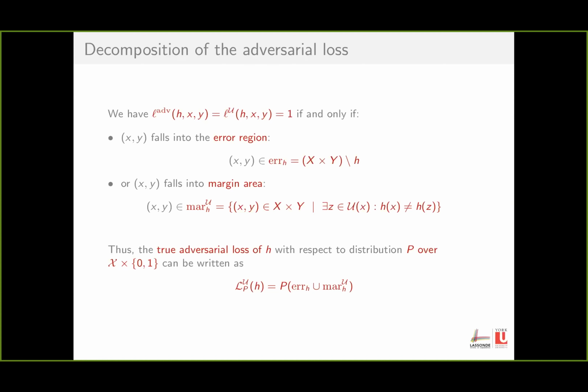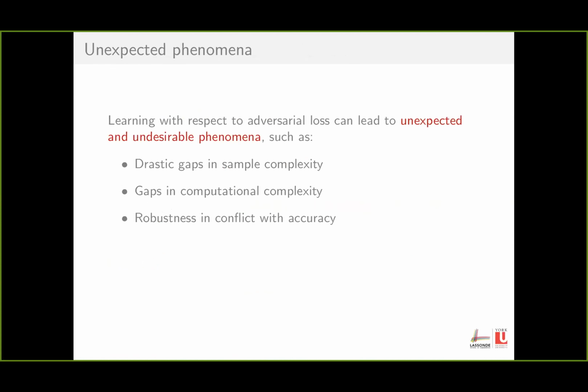In this talk, I want to propose an alternative way, and ask the question: is this actually modeling what we were intending to model? Thinking about these adversarial perturbations, these small pixel flips in images that for a human don't change the label, but where a trained network misclassifies. With this notion of adversarial loss, we've seen studies showing really drastic gaps in sample complexity and computational complexity.